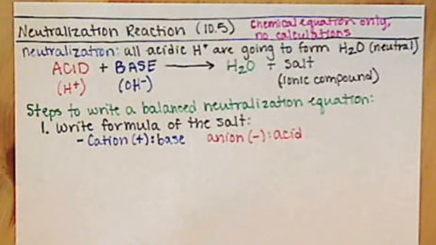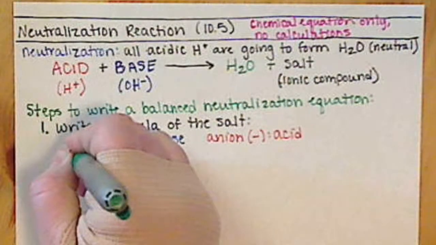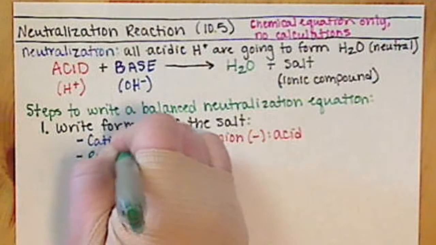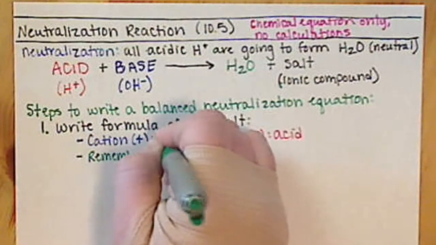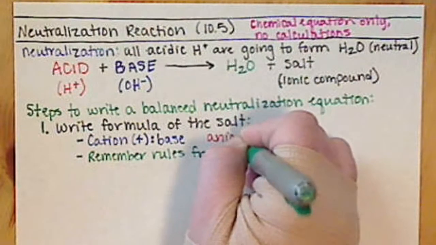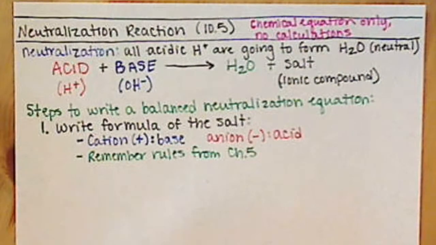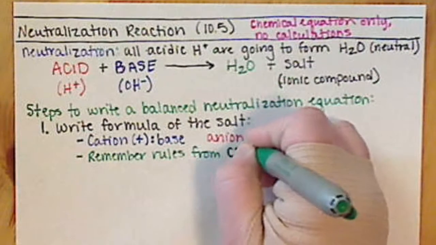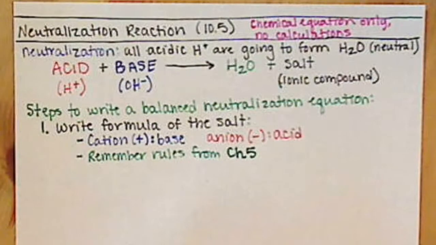When you write out this formula, you have to remember the rules from Chapter 5. I told you Chapter 5 was never going to go away. We're always going to be building on it. Chapter 5 was where we talked about the naming and the formulas. So we have to combine these.